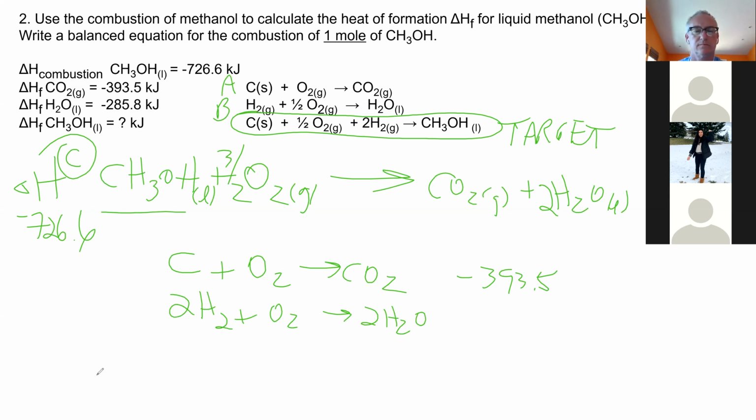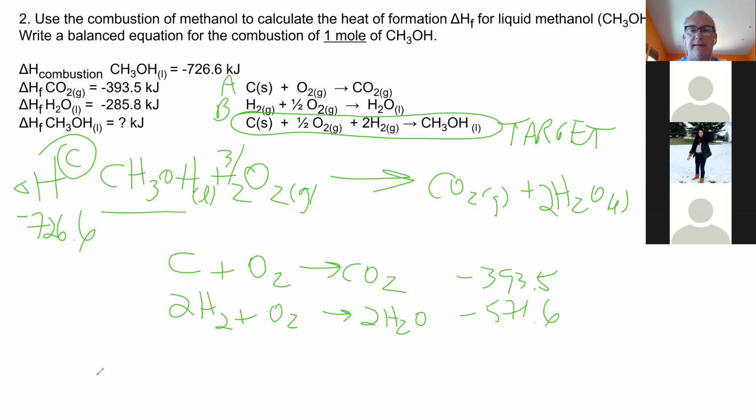We have to multiply the heat by 2 as well, because we have twice as much product, so there's twice as much heat involved. So that's my delta H this time: negative 571.6.